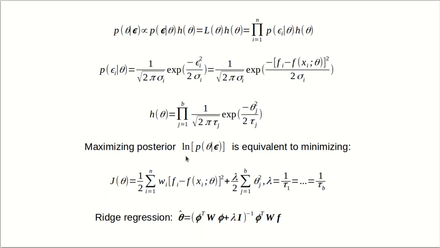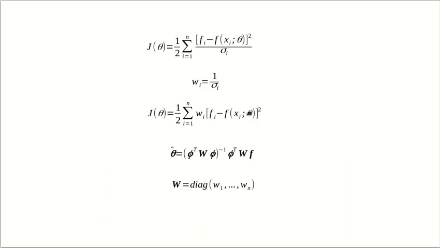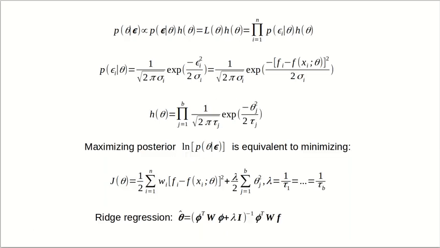So the first term here is identical to this part of the expression, right? Which measures how good the data is being fit, right? And then we have to add a second term here, right? The second term, lambda over 2, and then summation over j from 1 to b of theta j squared, is a measure of how different theta j is from 0.